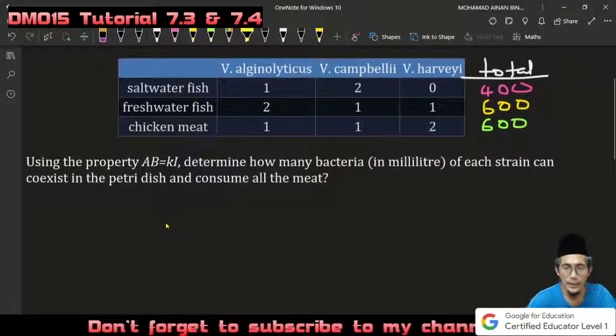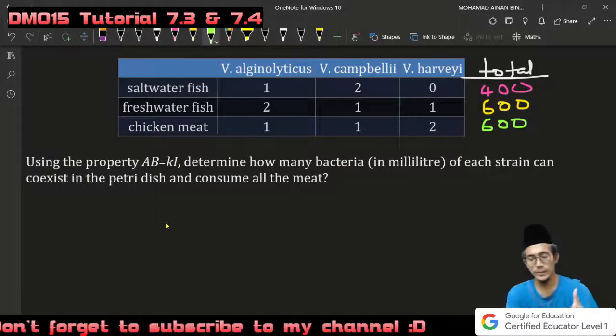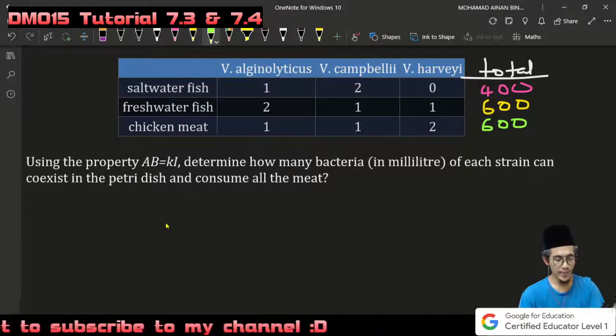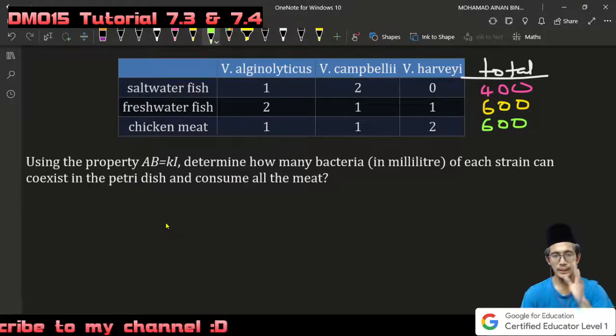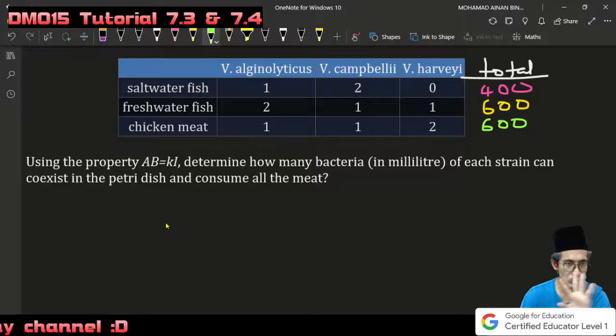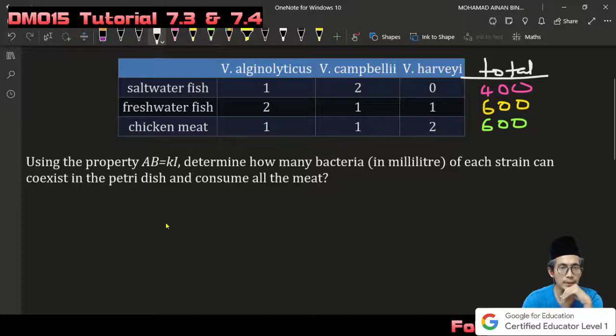Okay. Now, what is the variable in this question? Because previously we already knew what X, Y and Z were. Here it doesn't ask for the weight of salt water, because it says 400. What it wants to know is, how many bacteria?